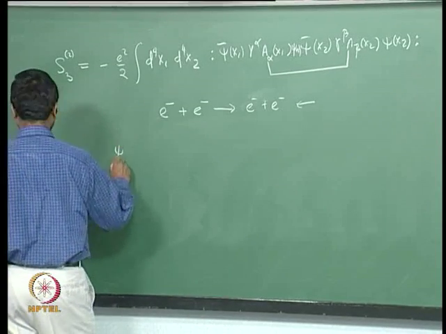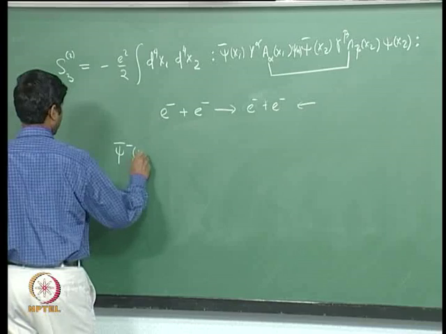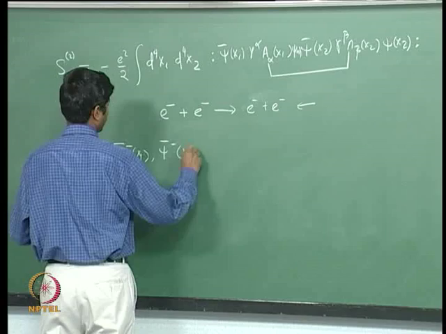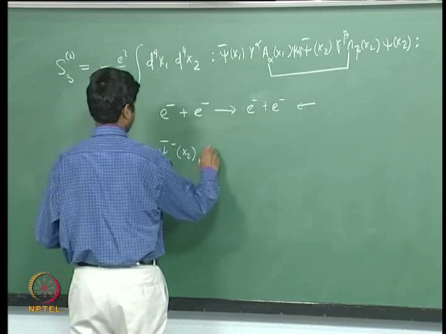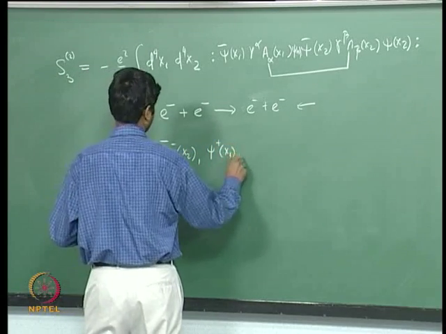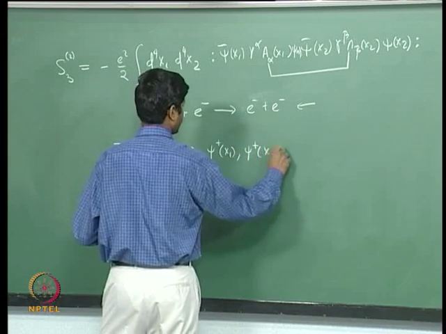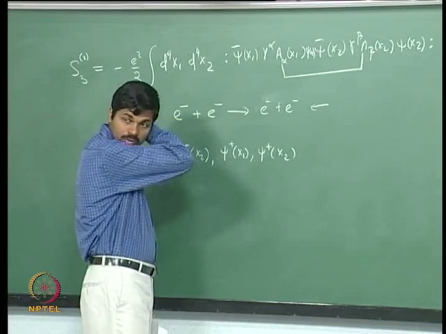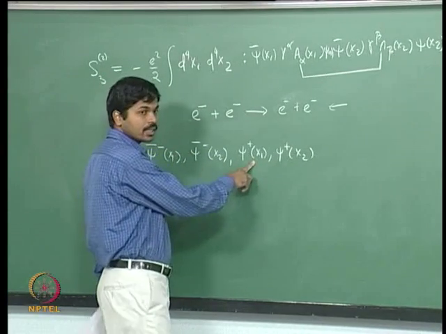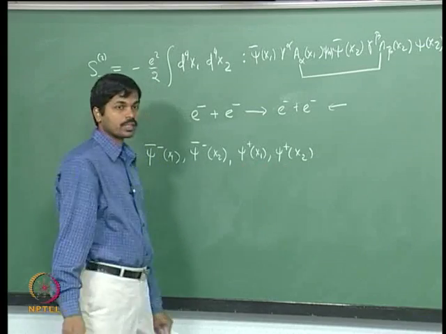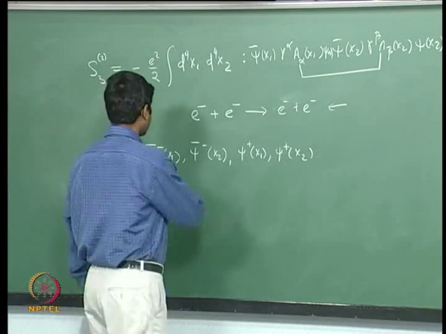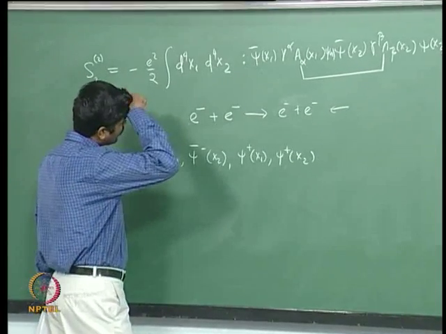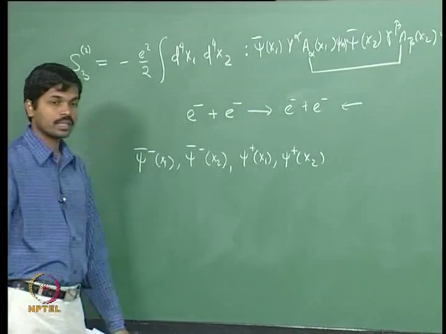So you have psi bar minus of x1, psi bar minus of x2, and psi plus of x1, psi plus of x2. Okay. Psi plus x1 and psi plus x2 will destroy an electron at x1 and x2 respectively. Whereas psi bar minus x1 and psi bar minus x2 will create electrons at x1 and x2 respectively.